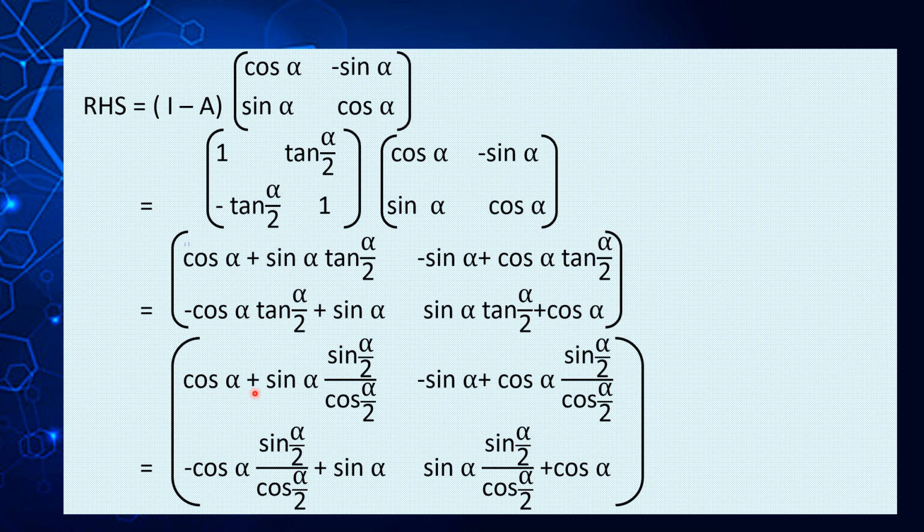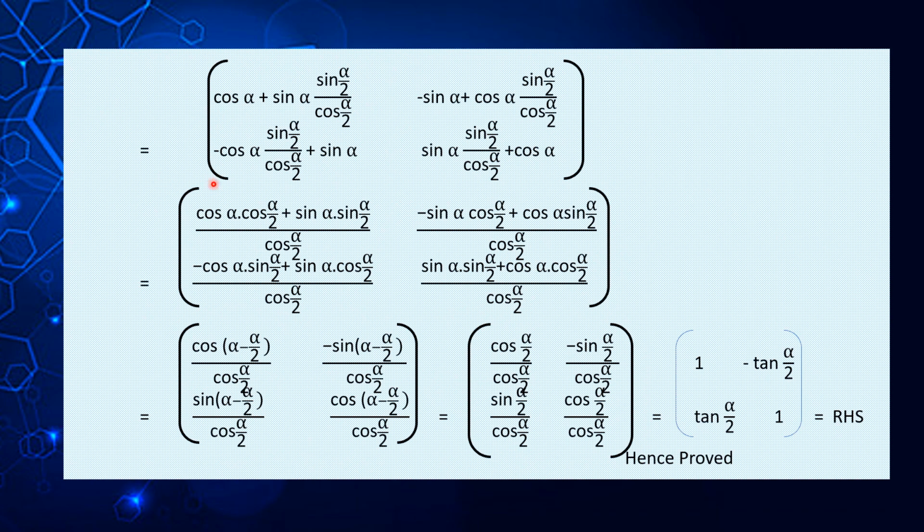Then the equation would be cos alpha plus sin alpha into sin alpha by 2 by cos alpha by 2, minus sin alpha plus cos alpha into sin alpha by 2 by cos alpha by 2, minus cos alpha into sin alpha by 2 by cos alpha by 2 plus sin alpha into sin alpha by 2 by cos alpha by 2 plus cos alpha, as we have written here.